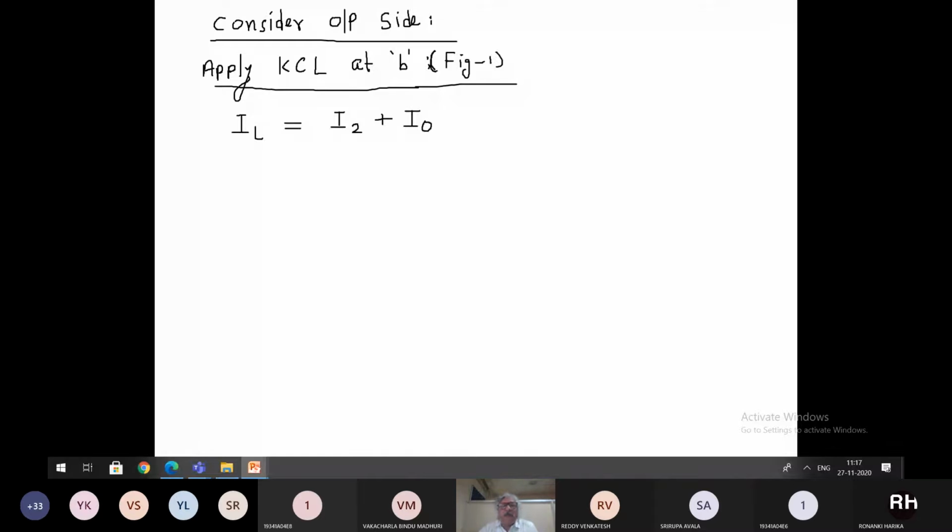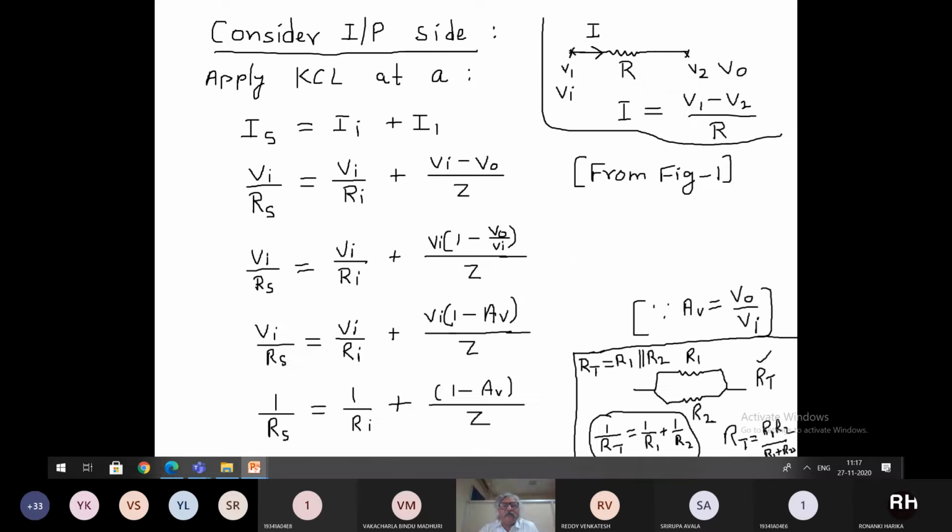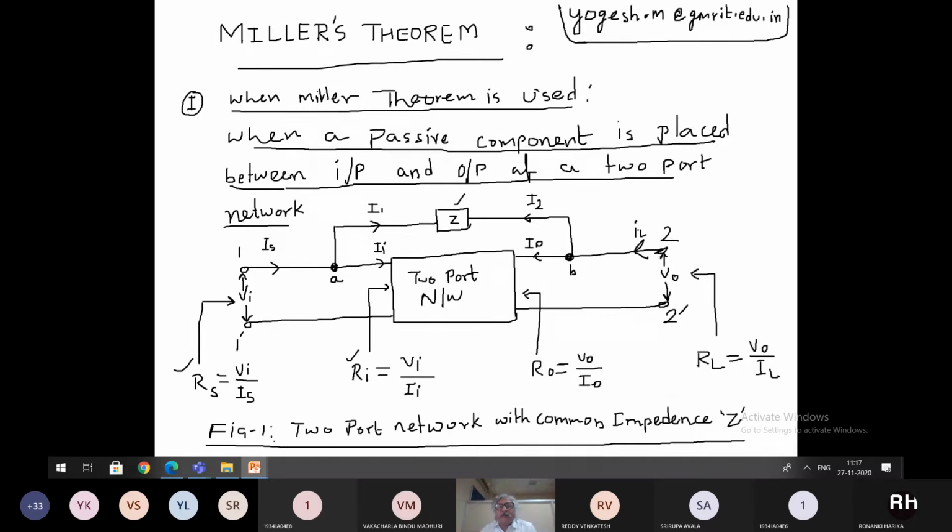Just for the benefit of the other students, I will continue with this. We will consider the output side and apply KCL at node B of figure 1. So we get the expression IL is equal to I2 plus I0. At this node, IL is the input current and the output currents are I0 and I2.